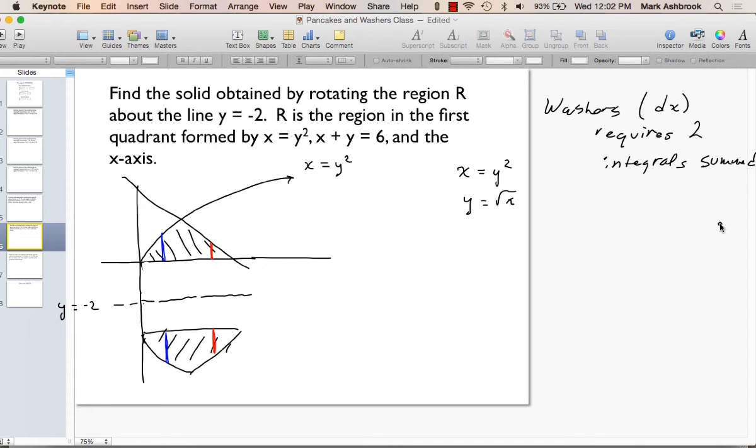Okay, so now what about dy? What will happen if we do horizontal strips? Tell me about that.